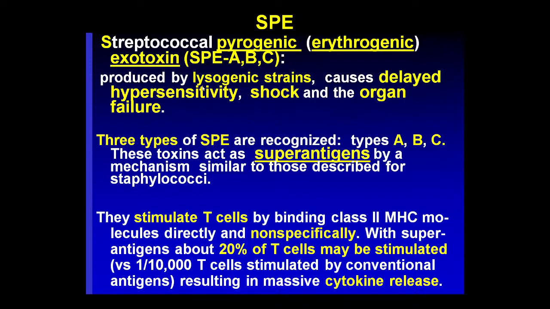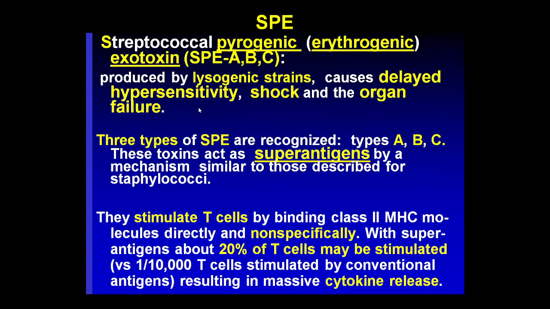The production of the toxin is a result of lysogenic conversion of the streptococci infected with a bacteriophage that carries the information about this toxin production. It may also cause delayed hypersensitivity, shock, and organ failure. That's a very dangerous toxin.